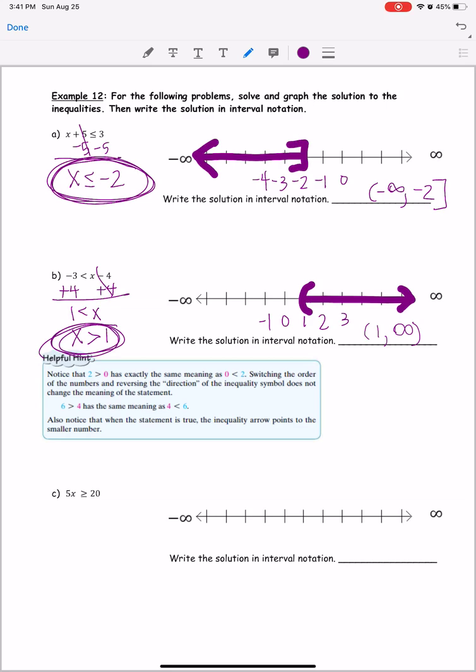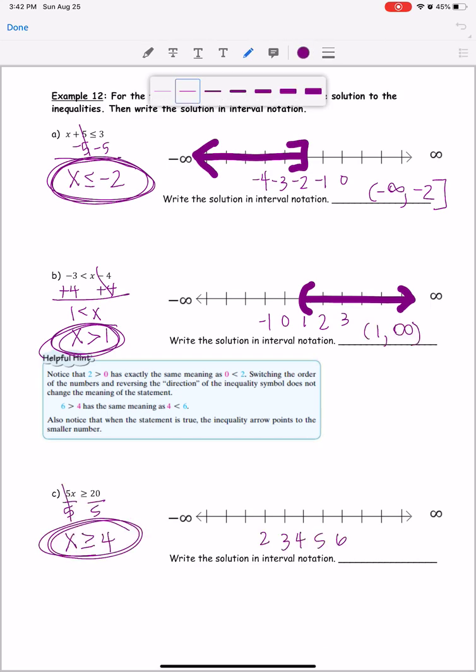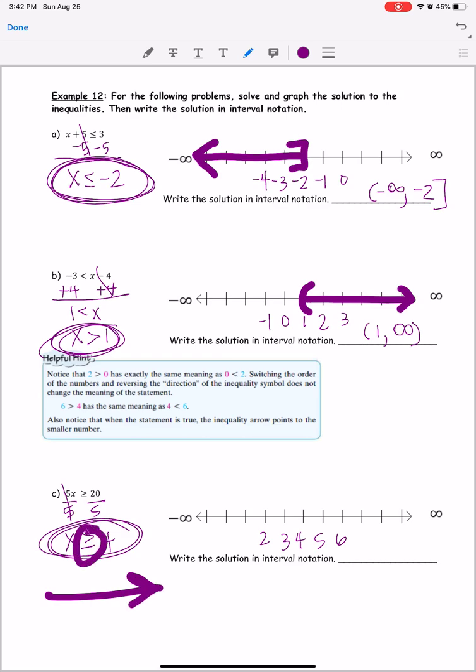Okay, you got 5x is greater than or equal to 20. So you get x by itself, you divide by 5. So we got x is greater than or equal to 4. So then graph that. We've got 4, 5, 6, 3, and 2. So it's pointing this way.